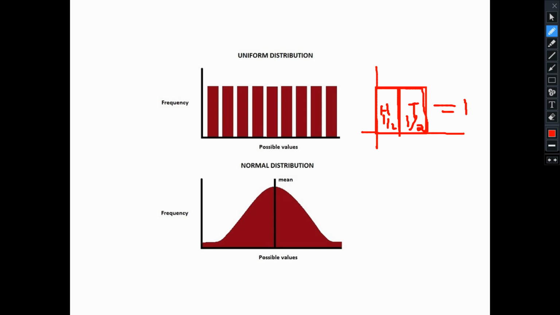That is, the probability of getting a 1 on the face of the dice is 1 by 6. So is the probability for 2, 3, 4, 5, 6. They're all 1 by 6. They're all equal. When the probabilities are constant, and we draw a distribution, we call it a uniform distribution.